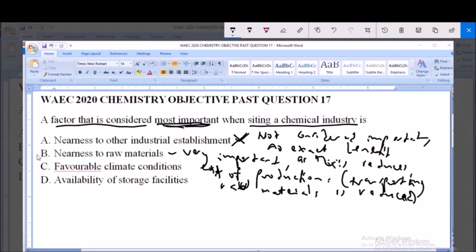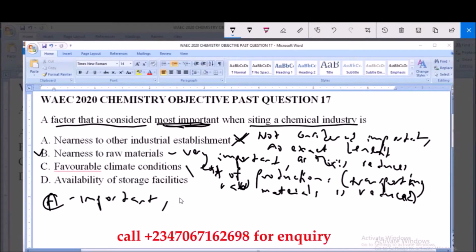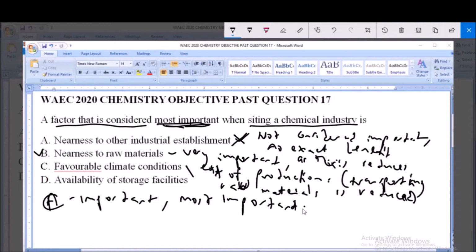a chemical industry. Now option C, favorable climatic condition, is also important in siting a chemical industry. However, it cannot be considered the most important, as it has no direct effect on production.